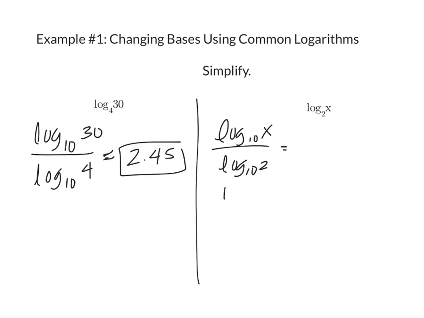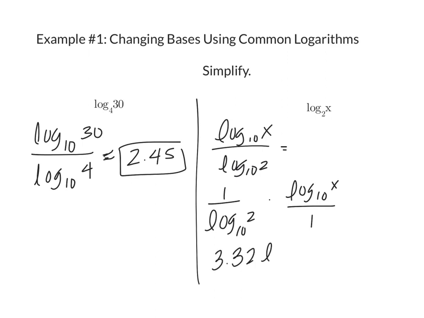So that'd be 1 over log base 10 of 2 times log base 10 of x over 1. 1 over log base 10 of 2 actually is a number, and then we would just multiply it times log base 10 of x. So 1 over log base 10 of 2 is really 3.32 log base 10 of x. And that's our final answer.